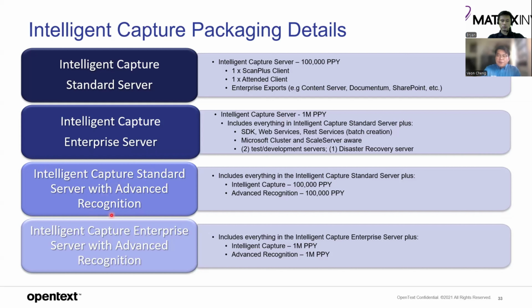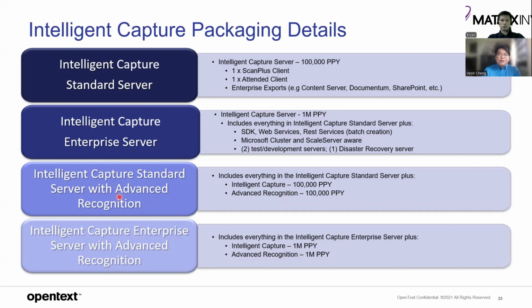The remaining two come with the advanced recognition. It's similar, as the name suggests, standard server and standard server, so the things are the same. It's just that the advanced recognition comes with the advanced recognition page count that does the classification as well as the extraction. The minimum for the enterprise server is 1 million page count. In the event that the customer does not have 1 million page count, they only have 100 or 200K, they can still purchase the standard server with advanced recognition.